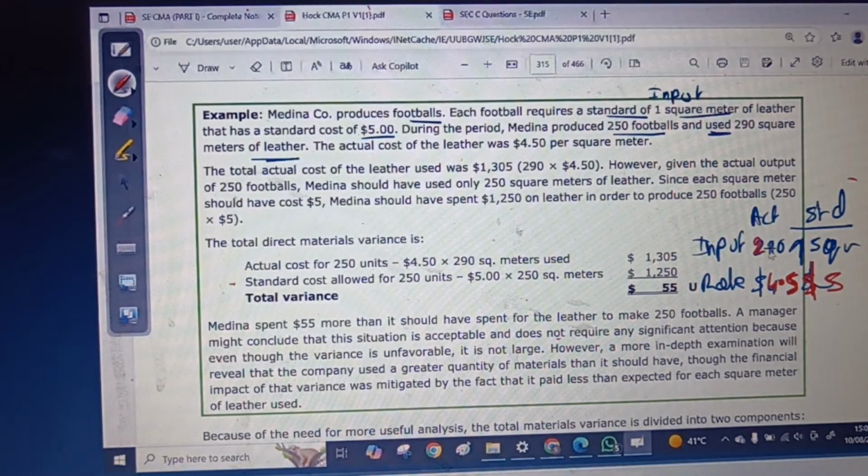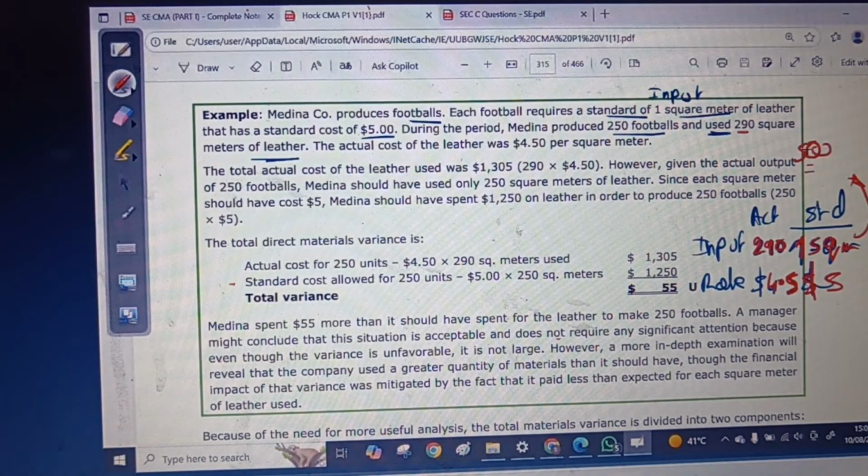This is 290. Standard is 1 square meter per unit of output. Then what is the standard quantity? This is the actual quantity, 290 square meters.